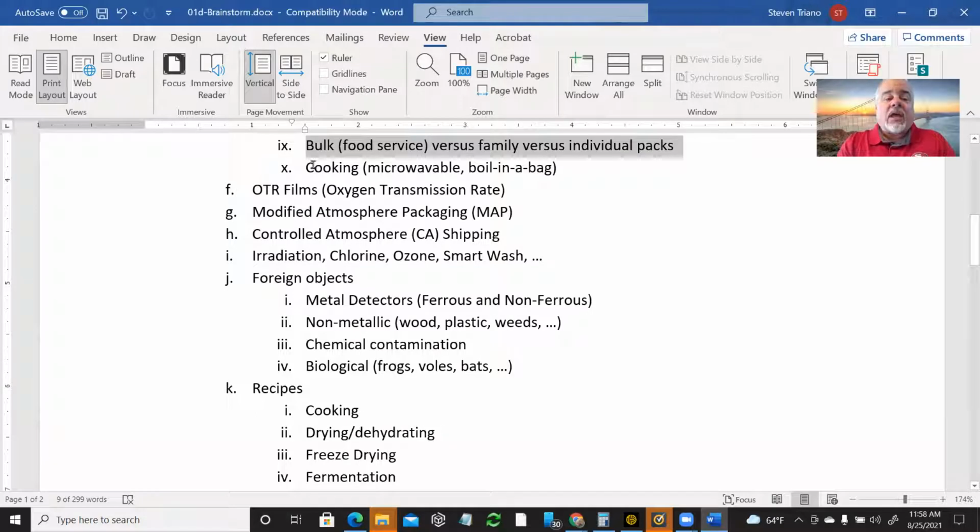What about cooking? It's not just chopping things up and putting it in a bag. There's lots and lots of things that you might be doing with cooking. You might just need to heat things up to sterilize, like canning, or you might literally need to cook something if you're making bread, you're making crackers, you're making cookies, you're making applesauce.